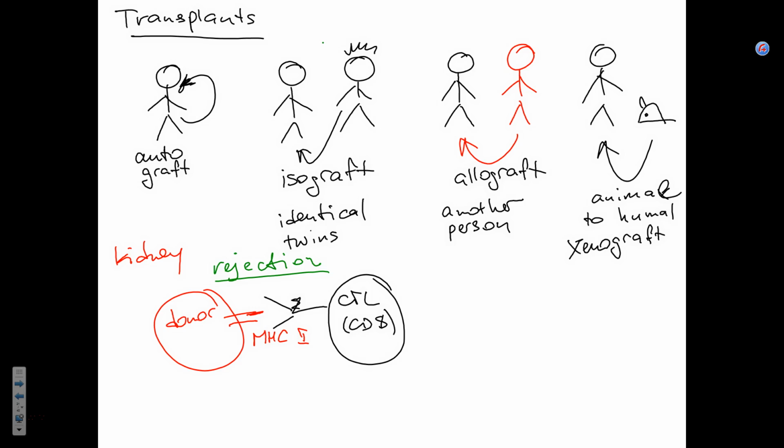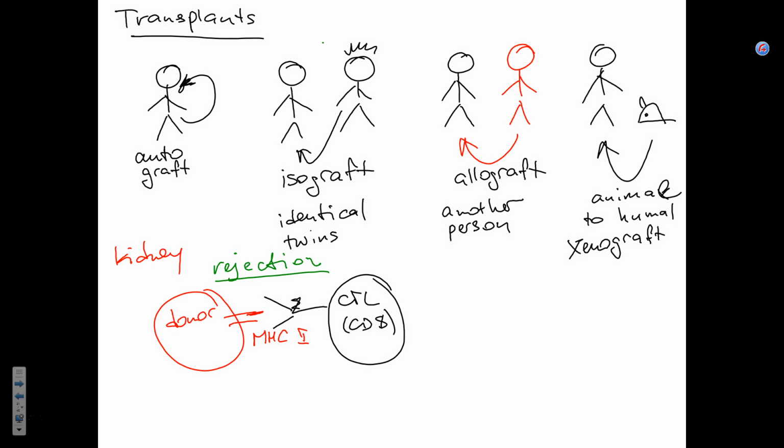Essentially, the functional unit of bone marrow is the hematopoietic stem cells. So just irradiate the person, and hopefully all bone marrow cells die. And then you put new bone marrow into the person's medullary cavity, and it starts to produce blood cells.